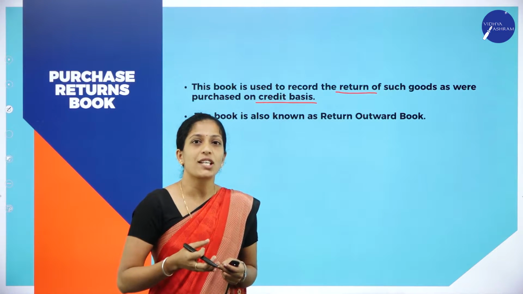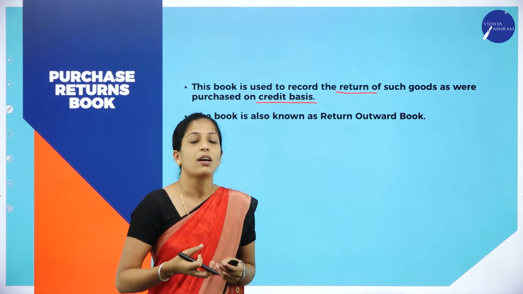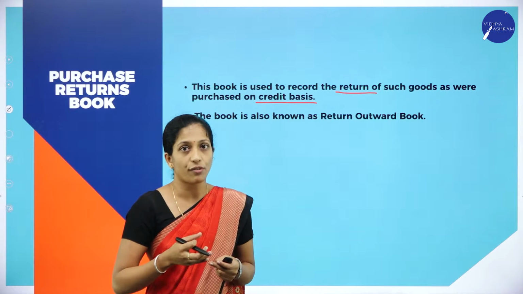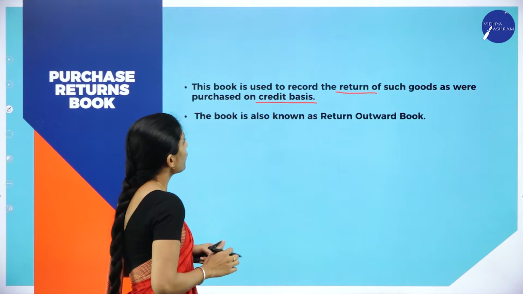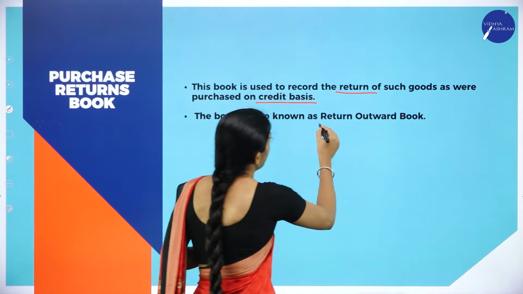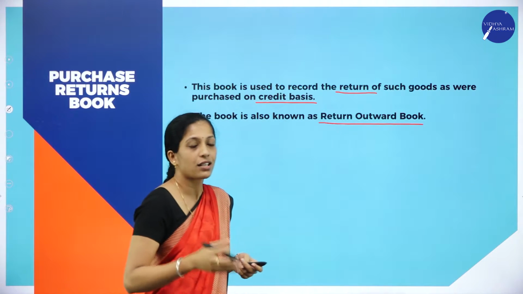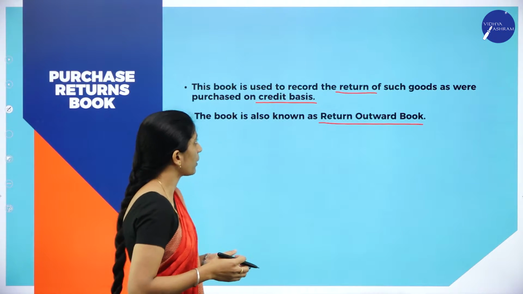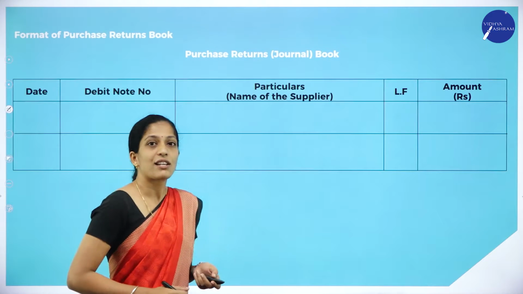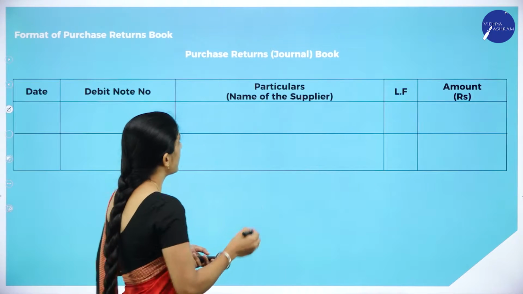So under purchase returns book we are going to record the credit purchase of goods that has been returned. Now the book is also known as return outward book. Purchase returns book is also known as what? Return outward book. Now we shall see what is the format of purchase returns book.